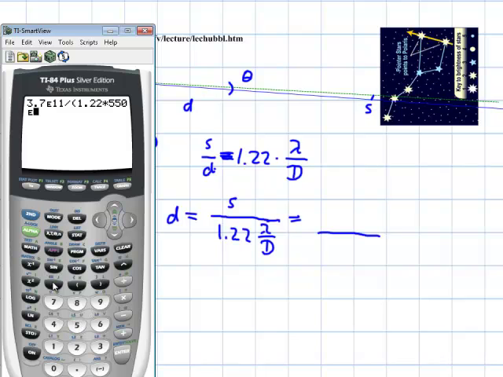But I'm going to put that into meters, so 10 to the negative 9 gets it into meters, and that is divided by the aperture, the diameter of the telescope, so by 1.02, close that parentheses and hit enter, and I come up with a distance of 5.6 times 10 to the 17 meters, which is, I have to scratch my head, I believe it's 56 trillion. Actually, 56 quadrillion meters.